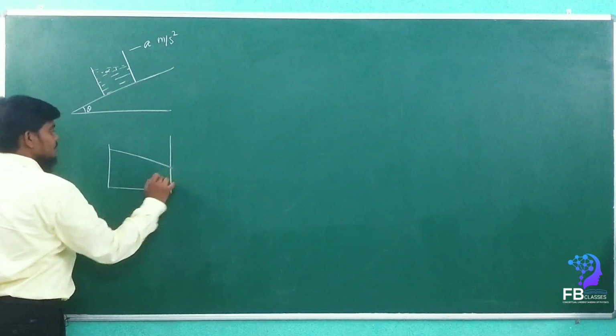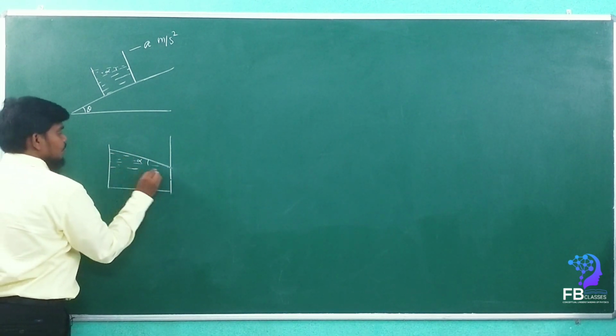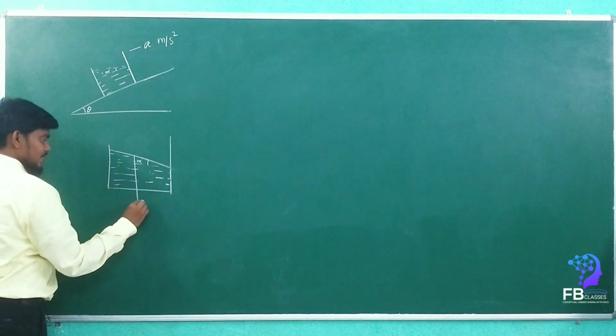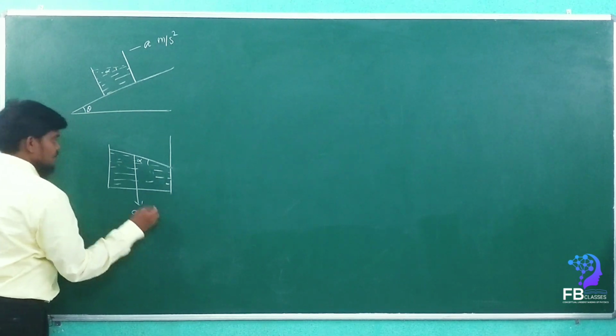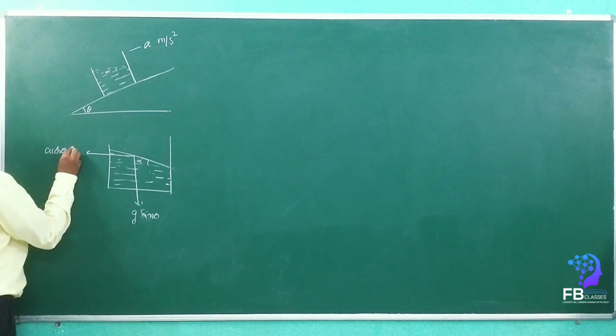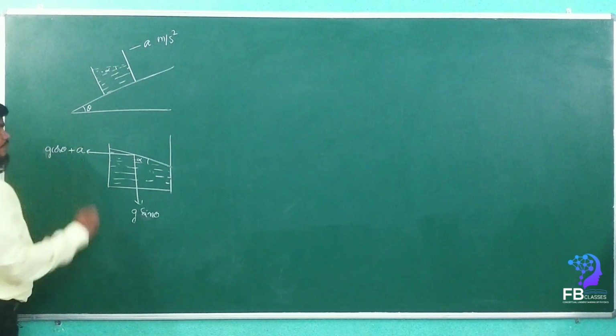Now we have to find this alpha value. Because we already write here g sin theta, and g cos theta plus a.